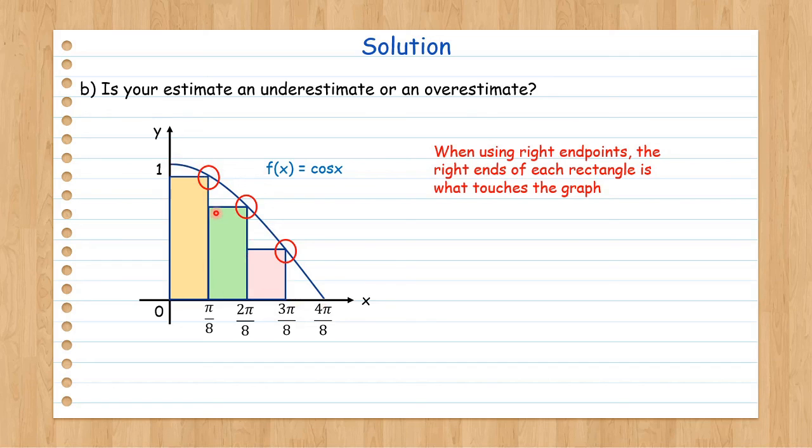But none of our rectangles is actually covering a larger area than the area of this section of the cos graph. Instead, it is an underestimate because do you see all the empty space? So therefore, our estimate is an underestimate.